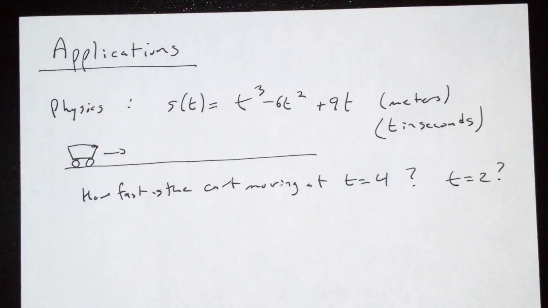A direct question I can ask then is, how fast is the cart moving? And then I can pick a time. How about at time 4, time 2? How fast does this thing go?